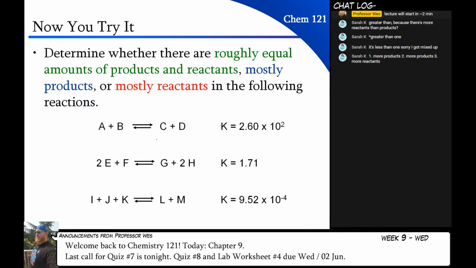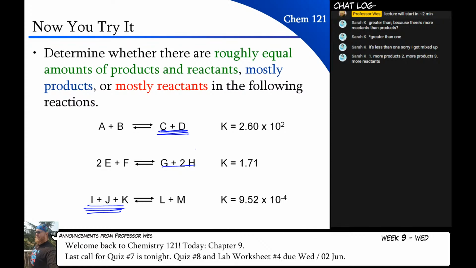So, we already know that there are mostly products in both of these. There's more products than reactants in this one, and in this one there's mostly reactants. I'm putting a bunch of underlines on those to say where there's mostly stuff.